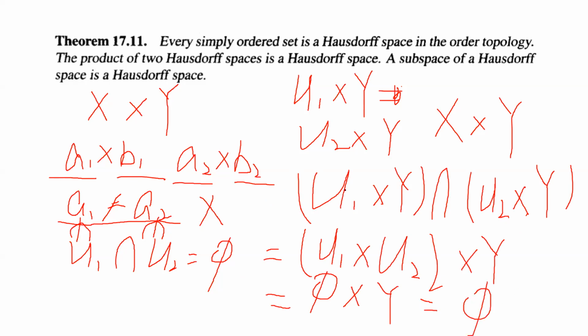So we have found these two neighborhoods, U1 times Y and U2 times Y.